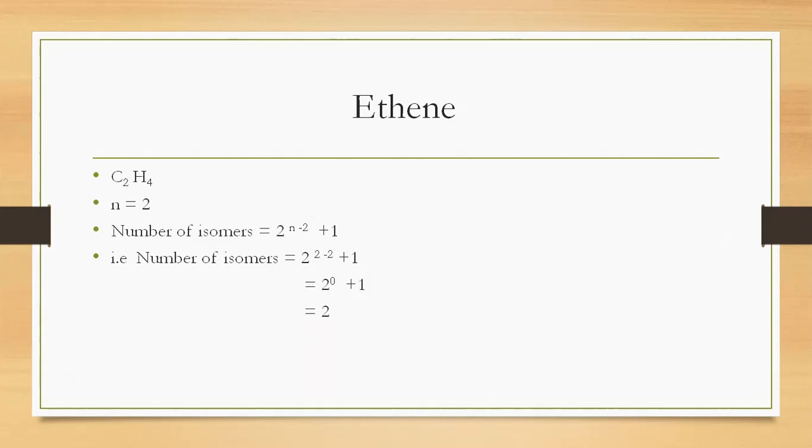But ethene cannot have 2 isomers because it does not show any geometrical isomerism or any ring isomerism. Ethene has only C double bond C, and that's all the possibilities, so only one. So don't use the 2 to the power n minus 2 plus 1 formula for ethene.